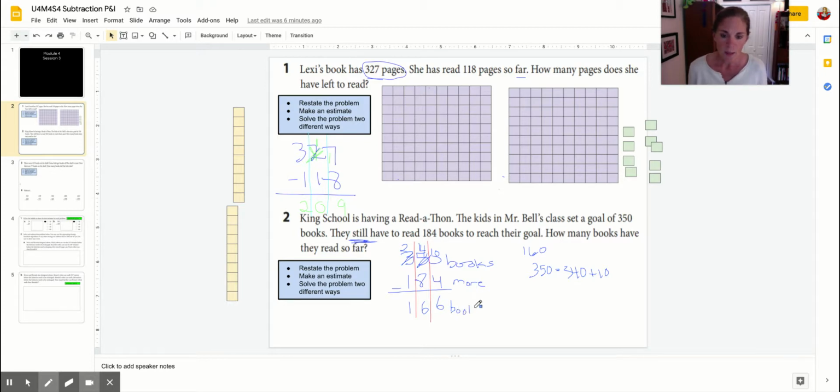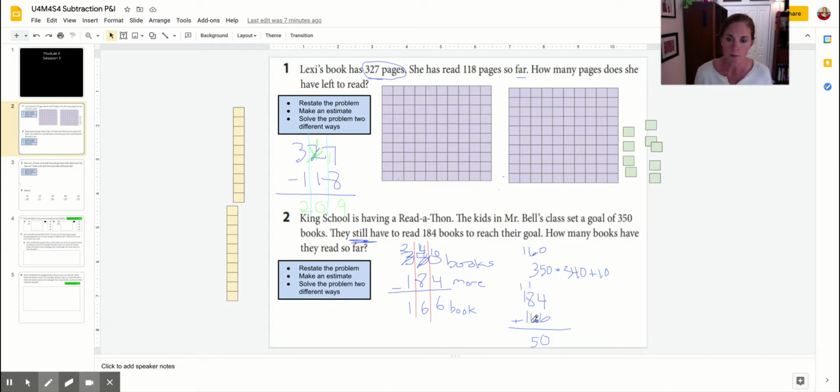And a real quick and easy way to figure out whether you're right about this is to check it. 184 plus 166 should equal 350. If it doesn't, then you did something wrong. 4 plus 6 equals 10. 1 plus 8 is 9, and 9 plus 6 is 15.